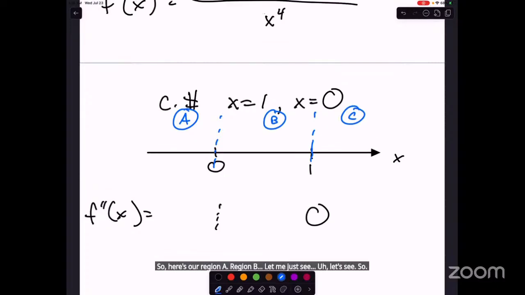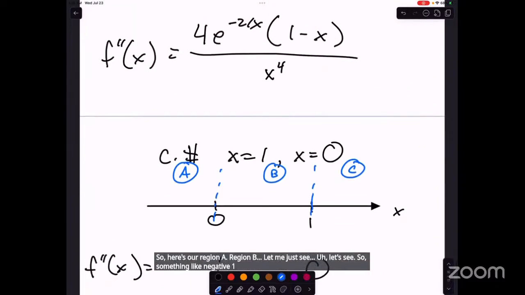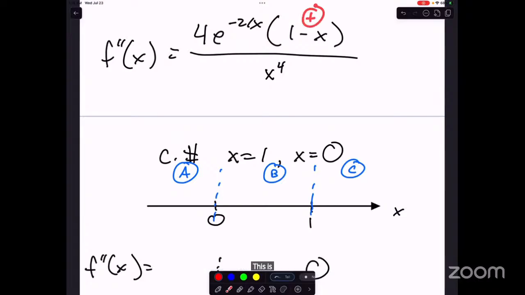So something like negative 1 into the second derivative, what happens? This is positive. I'll have to check that later. That's negative 1. This is what, positive? And this is positive.